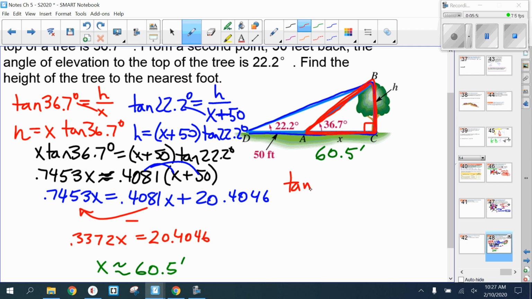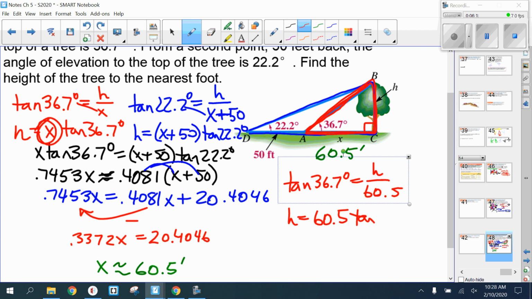And we knew that tangent 36.7 degrees was equal to opposite side h over this number x. Or I guess what we could have done was just plug that x in right there, because you're going to have h equals 60.5 times tangent 36.7.